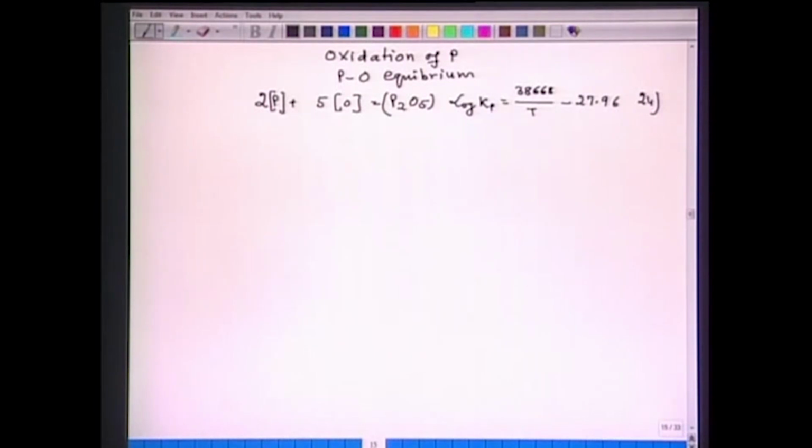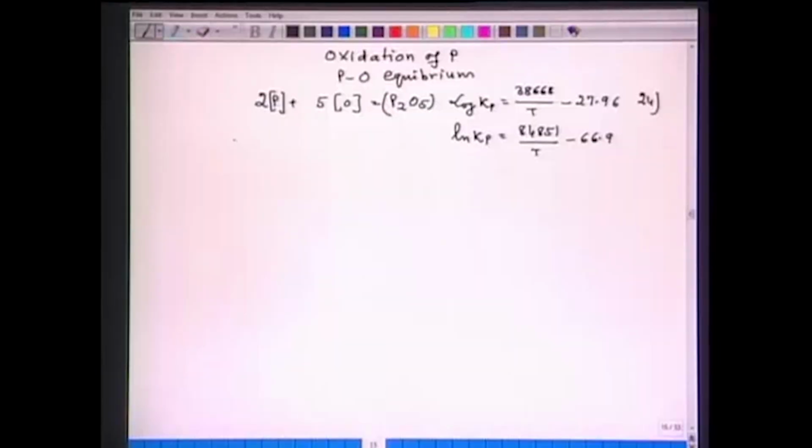Now, again I could get another source also, which says ln Kp is equal to 84851 upon T minus 66.9. Now, remember, this equation is in ln.